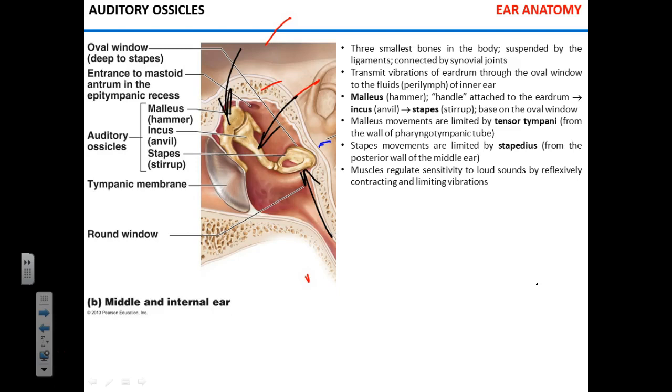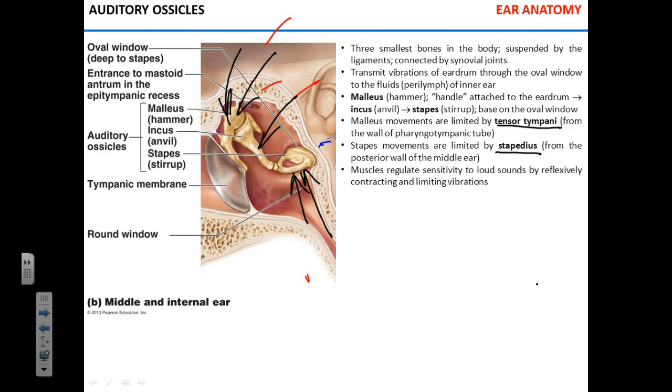Part of that adjustment is mediated by the muscles called the tensor tympani and stapedius. They are little tiny muscles. Stapedius is attached to the stapes. It is not shown here in the picture. And tensor tympani is attached to the malleus.